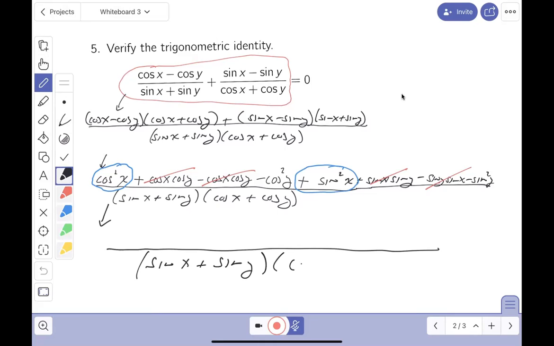I'm just copying the bottom over again. Let's see what you get there. You get 1, right? Put it in blue. All right, let's look at this guy over here.